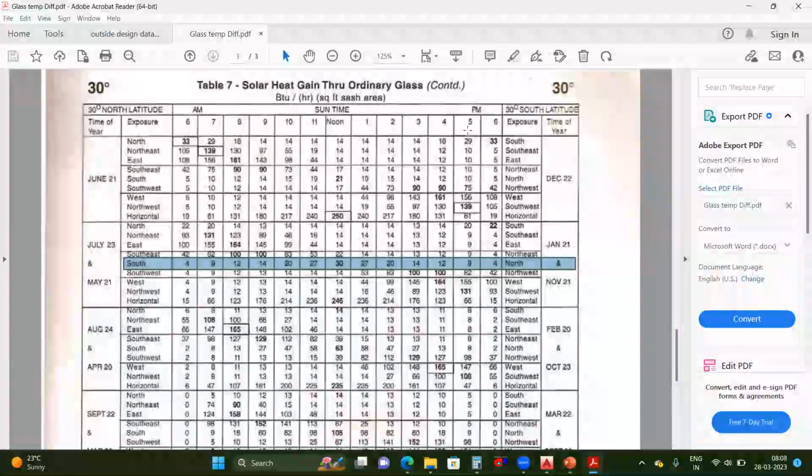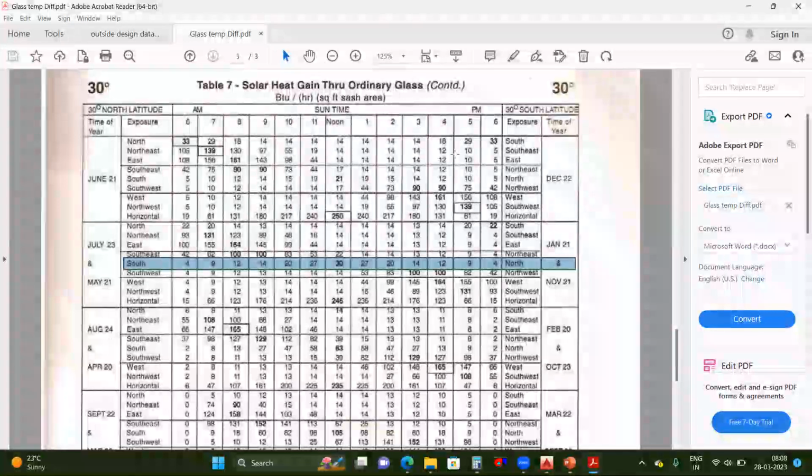As per the data, the peak temperature was recorded at 4 p.m. in the evening. So we will take the 4 p.m. values and calculate with them.